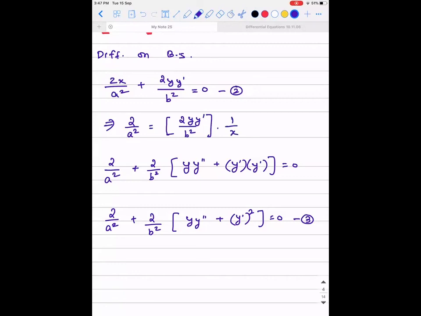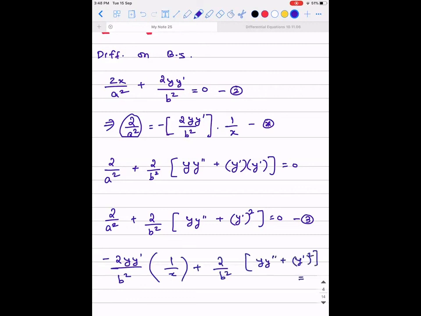Yes, minus. Let me call this star. So in place of 2 divided by a square, we put minus 2y dash divided by b square into 1 by x plus 2 divided by b square into y y double dash plus y dash square is equal to 0.